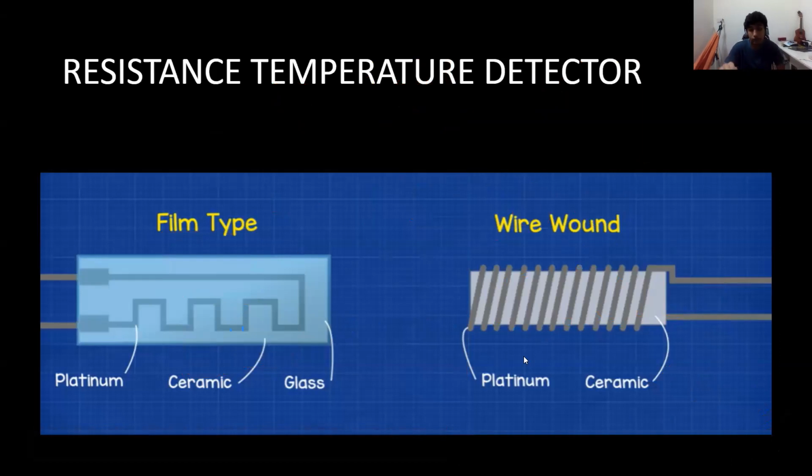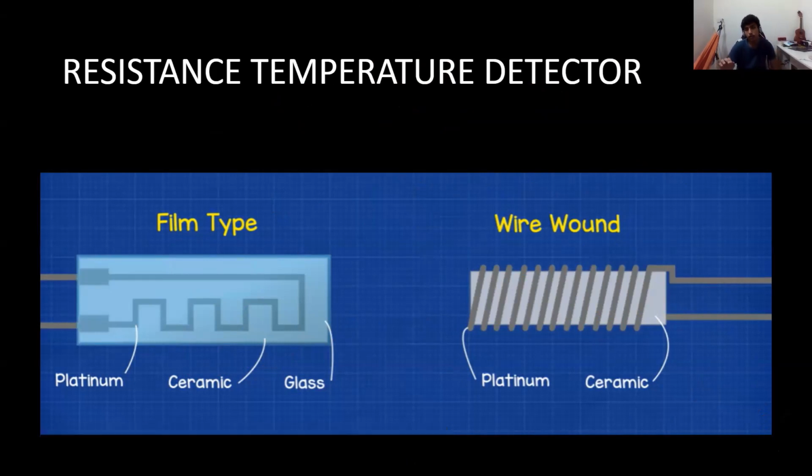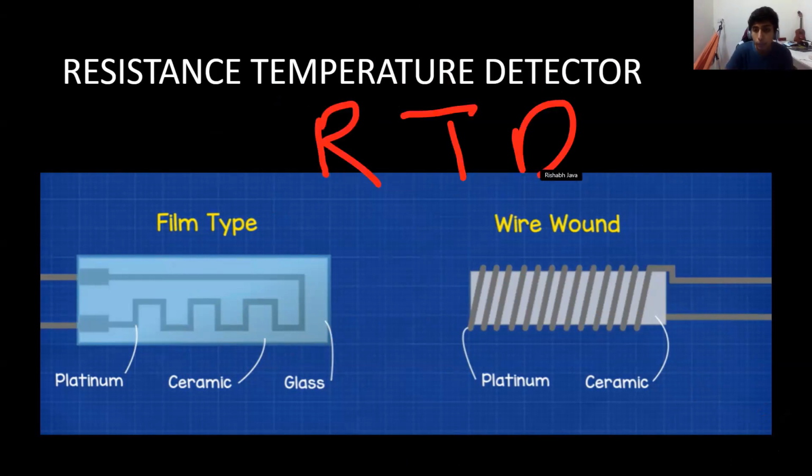Okay. Second one is RTD, your resistance temperature detector. Next slide. So, guys, the resistance temperature detector is also called an RTD, and it performs the same function as a thermocouple.